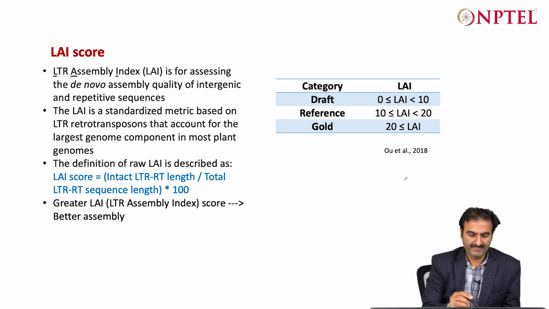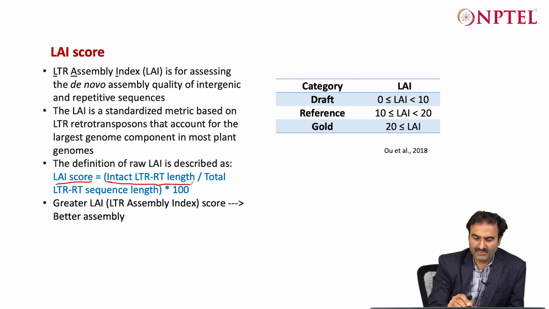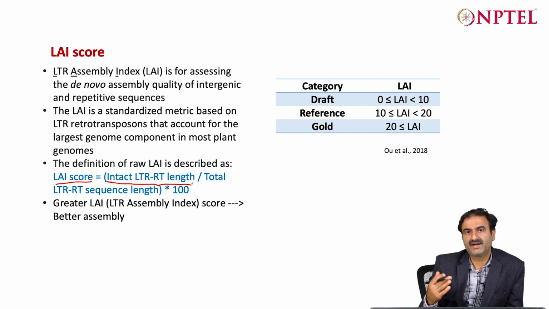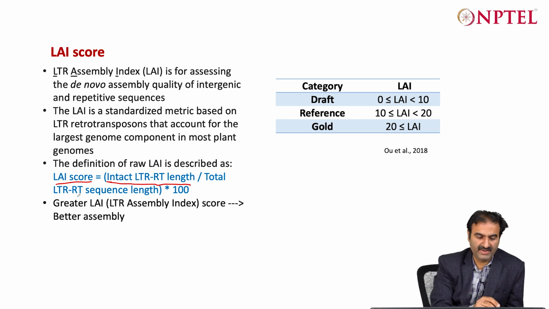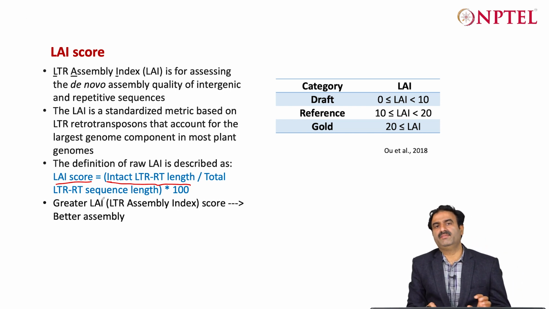The LAI score is calculated from the intact retrotransposons that you have found, and the length of those. So if you have found say 100 intact LTR retrotransposons, you calculate the total length of those 100, divided by the total LTR retrotransposon length that you could find. So intact by total, since others could be fragmented, multiplied by 100.